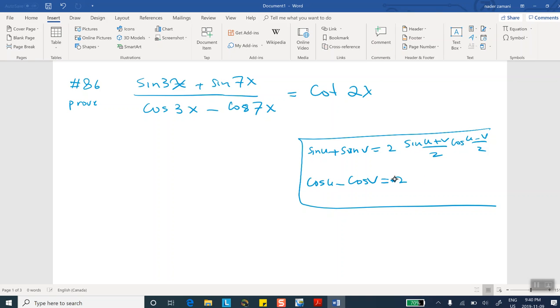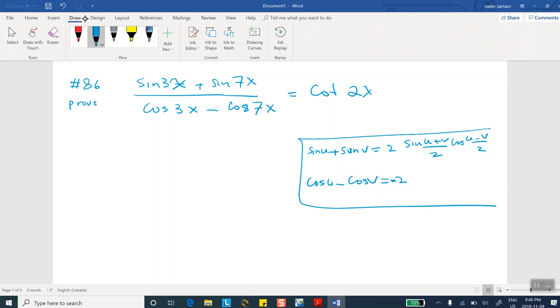There's a minus. Let me clean this up. This is minus 2 sine of (u plus v) over 2 sine of (u minus v) over 2.